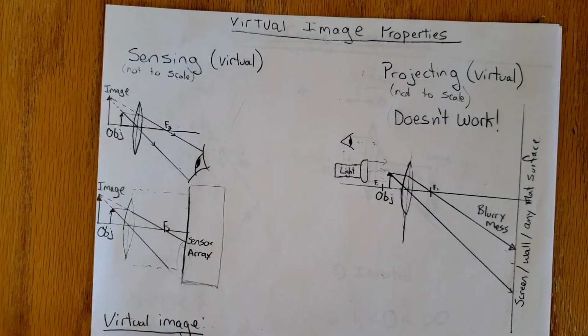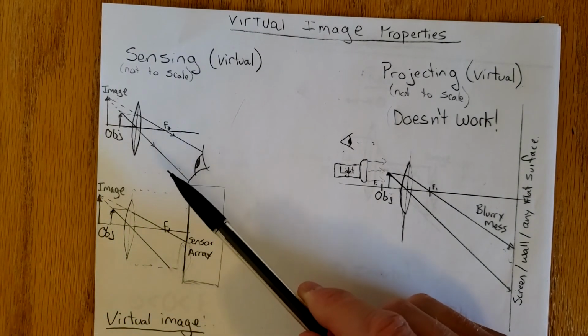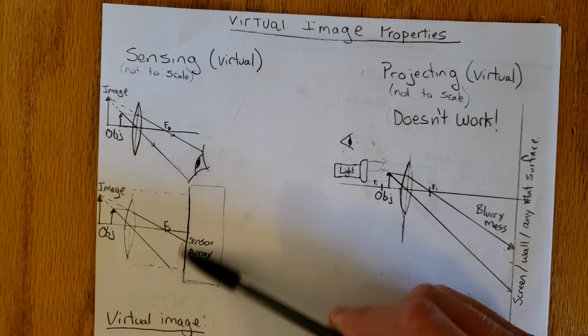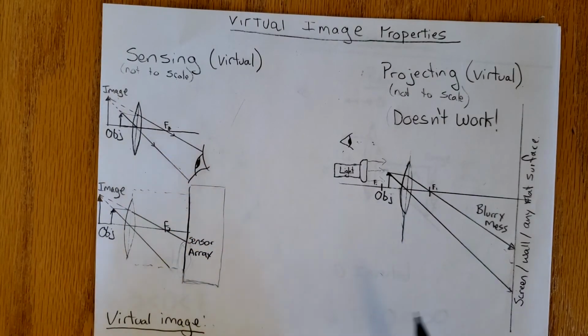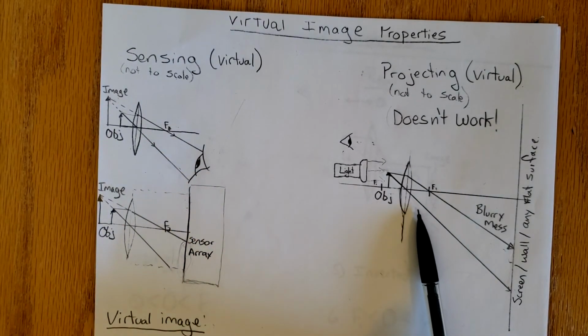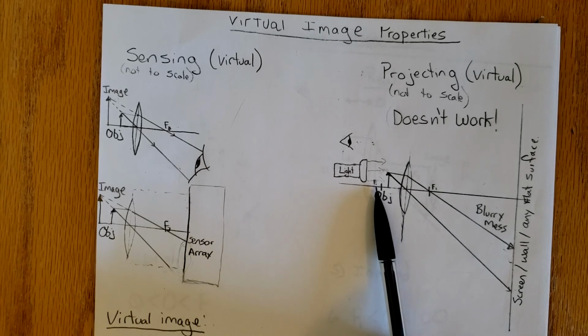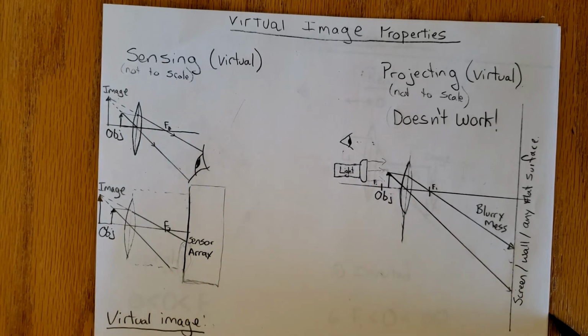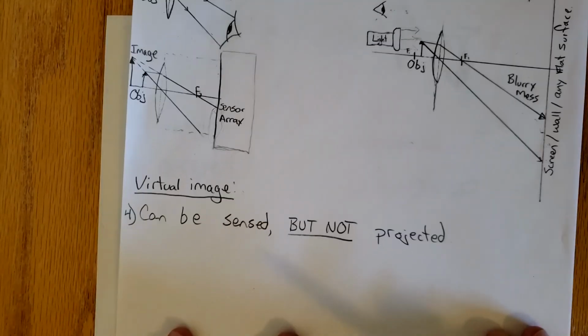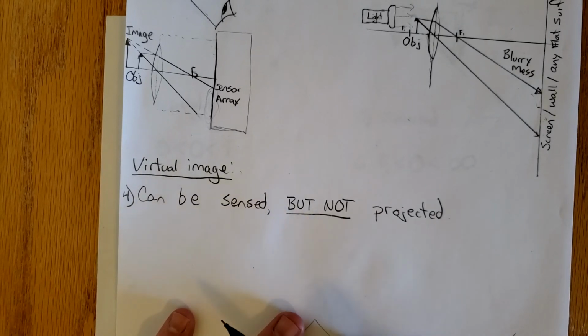So while the setup for sensing a virtual image is basically the same as for a real image, any attempt to project an object that is between the lens and focal point will result in a blurry mess. So a virtual image can be sensed but not projected.